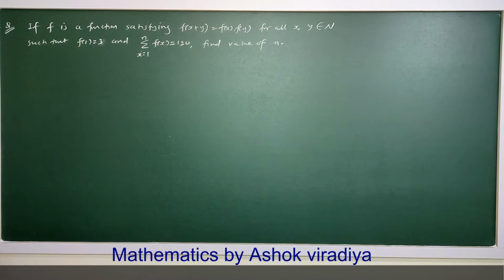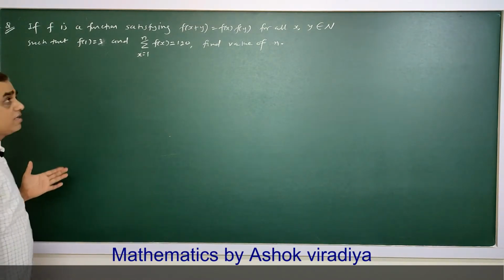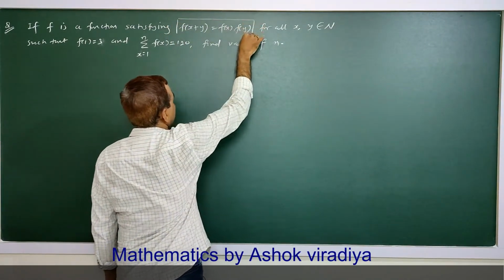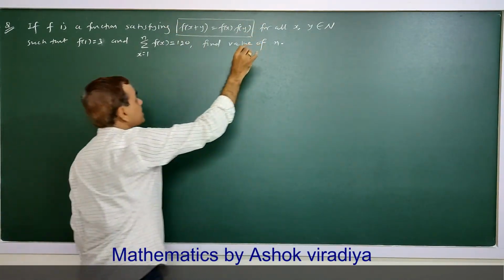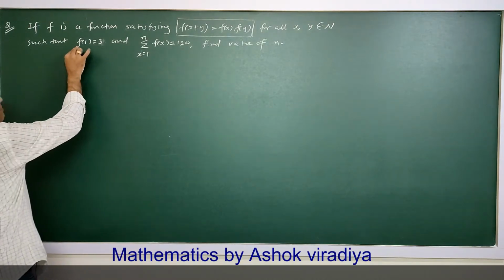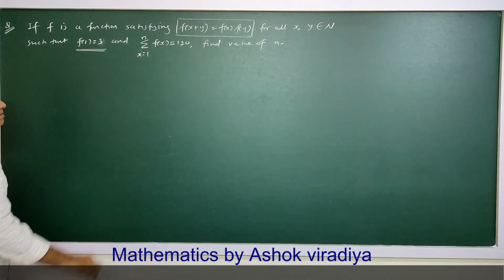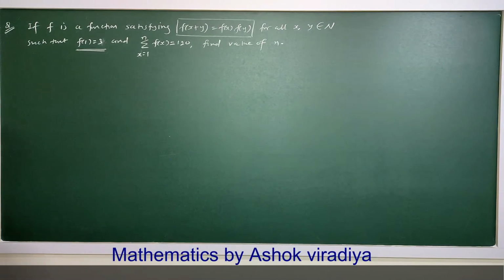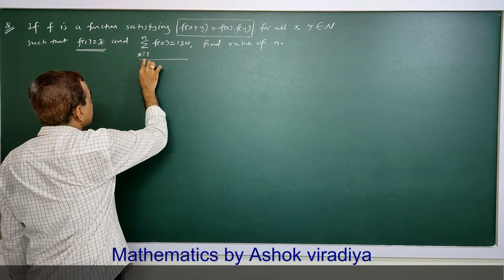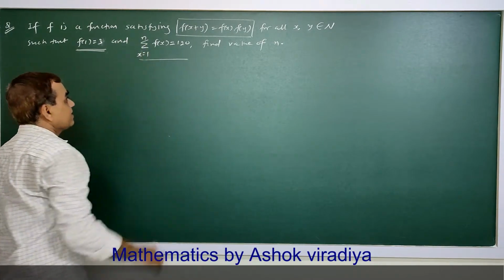If a function f is a function satisfying this condition, f of x plus y is equal to fx into fy for all x, y belonging to n, such that f of 1 is 3 and sigma fx, where x varies from 1 to n, is 120.